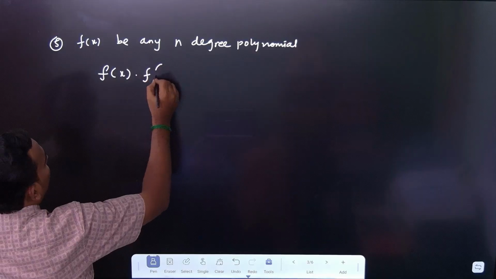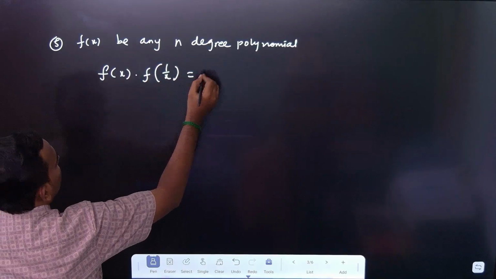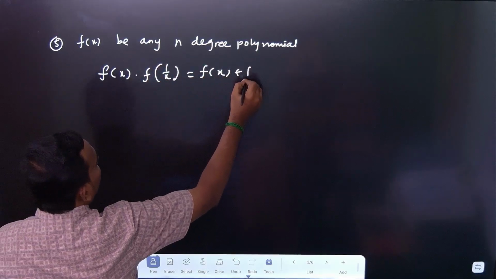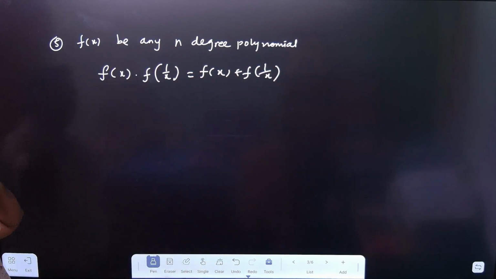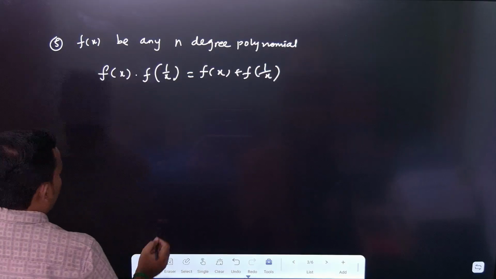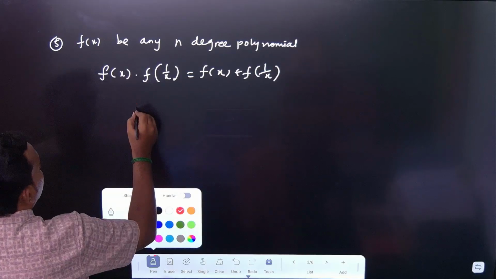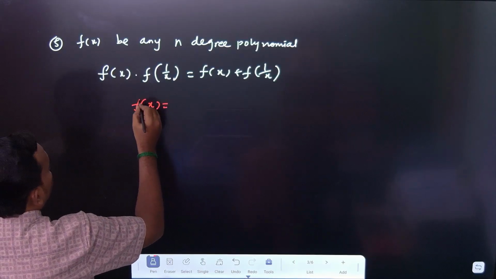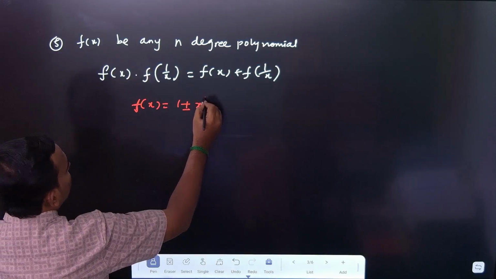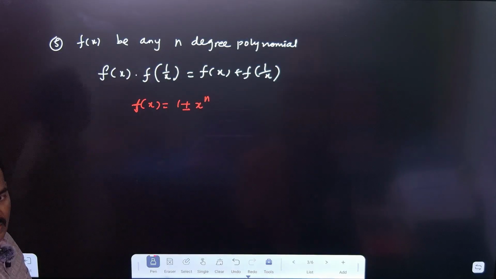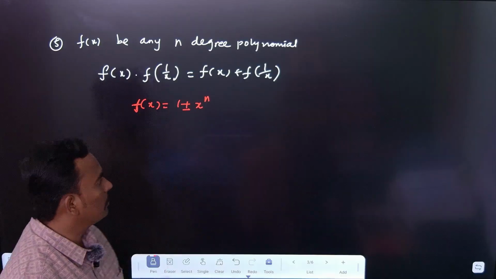F of x into f of the reciprocal of x is equal to f of x plus f of 1 by x, we can write. So which is the suitable function for this condition? You know this is a polynomial, no? You can choose f of x is equal to, so n degree polynomial, plus or minus, 1 plus or minus x to the power n will be suitable.